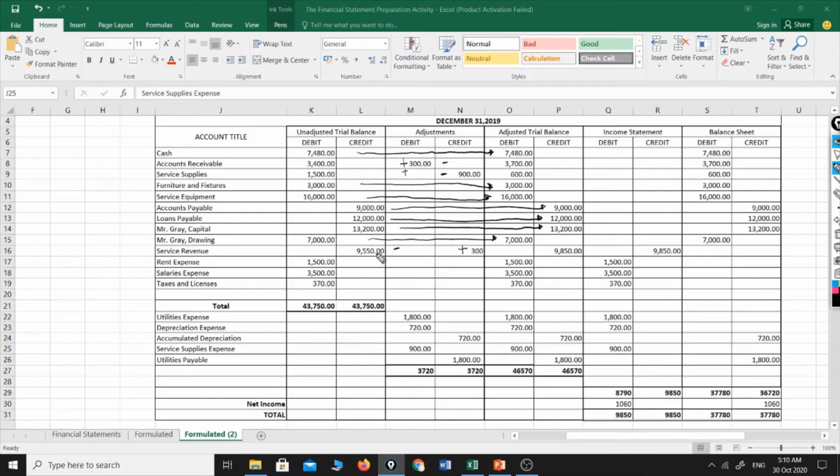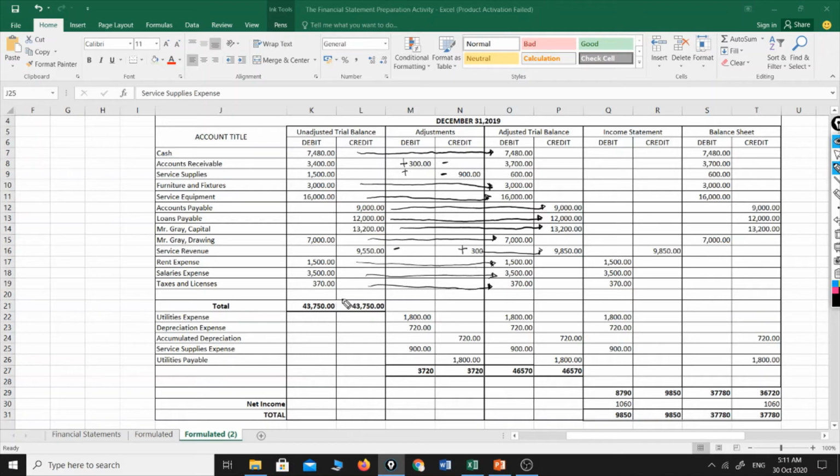The total of the credits, 9,550 plus 300, gives a total amount of 9,850. Okay, so next is the rent expense. No related adjustment, we just extend this one. Debit column, debit column. Same with the salaries expense and taxes and licenses.